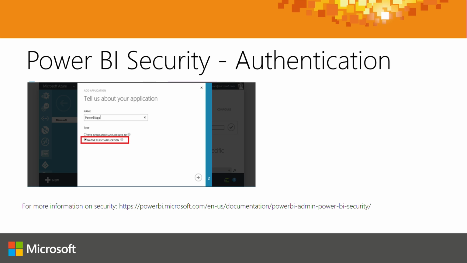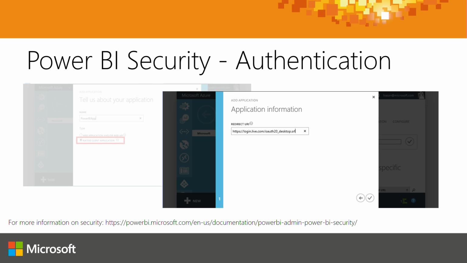The next thing you do is choose native client application as opposed to web application. The next part is you'll hit the redirect URI, and you should be able to pick up the redirect URI from the Power BI docs.